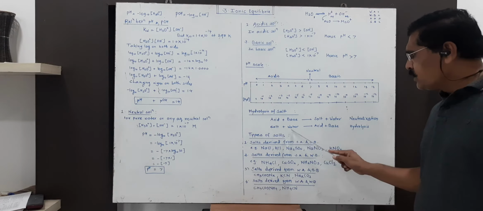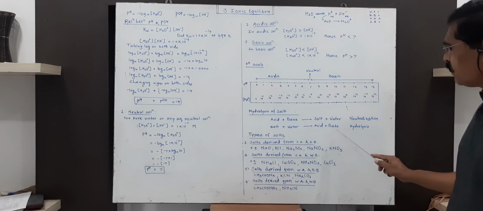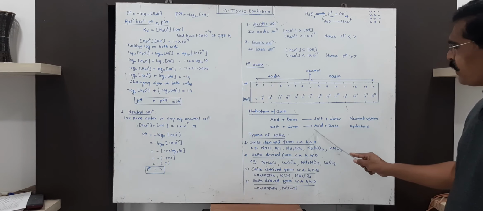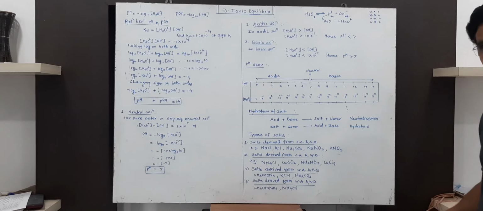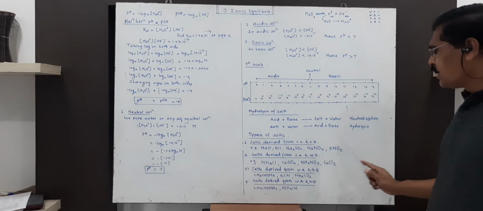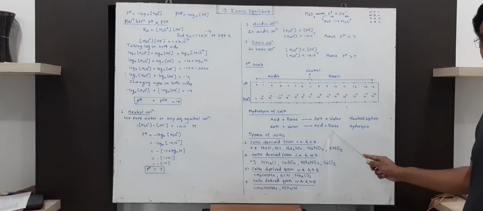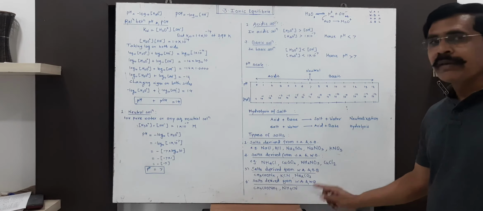When the salt reacts with water and forms acid and base, based upon the nature of the acid and base formed in the hydrolysis reaction, the salts are classified into these four types.